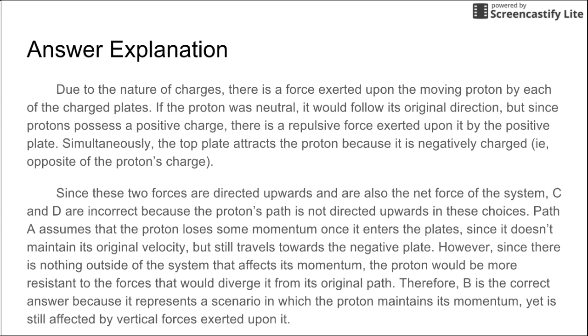Because the proton's got a positive charge and like charges repel, it's going to be pushed by the positive plate, but the negative plate's going to attract it, so it's going to move towards the negative plate. Now, that means that C and D are not correct because they are not directed downwards.